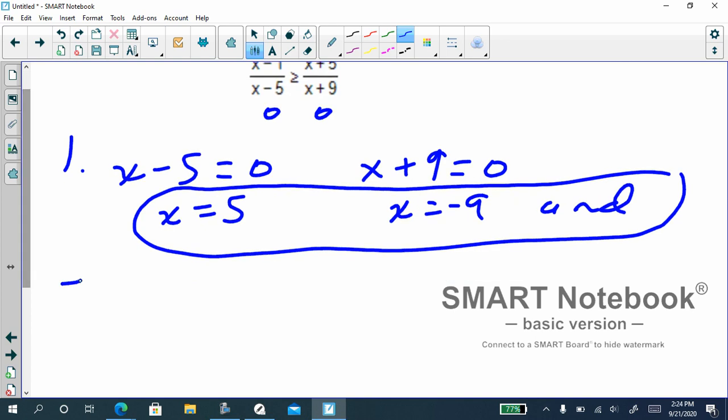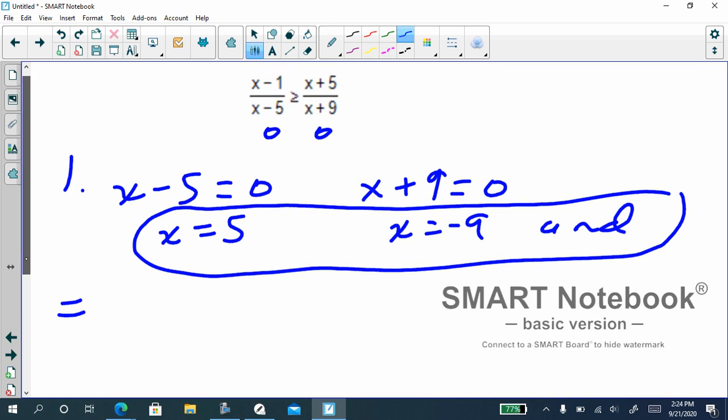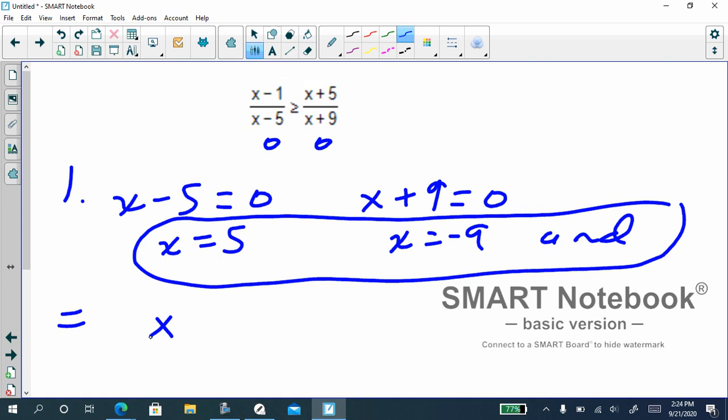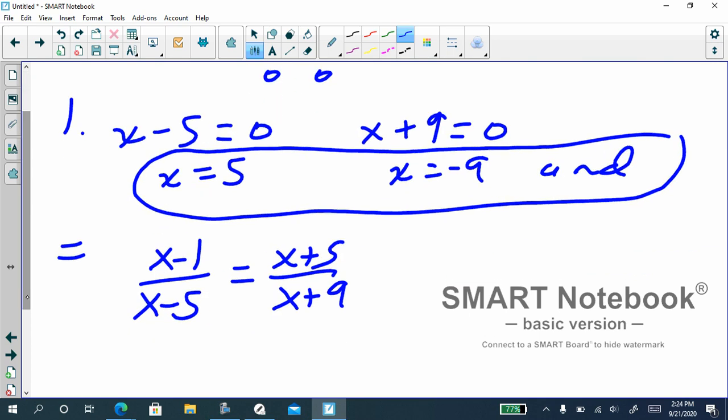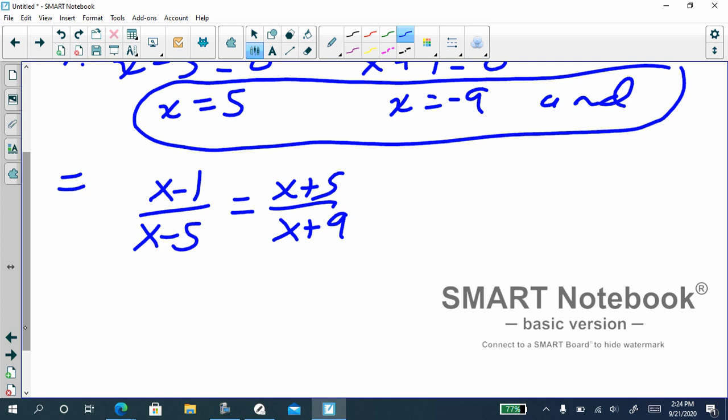Now to find the other type of boundary where we're equal, let's change the inequality to an equal sign. So x minus 1 over x minus 5 equals x plus 5 over x plus 9. Whatever makes this true is the other type of boundary, the boundary of equality.